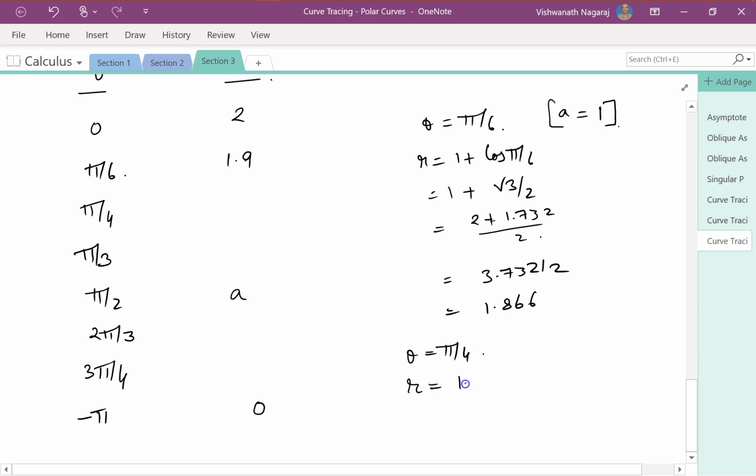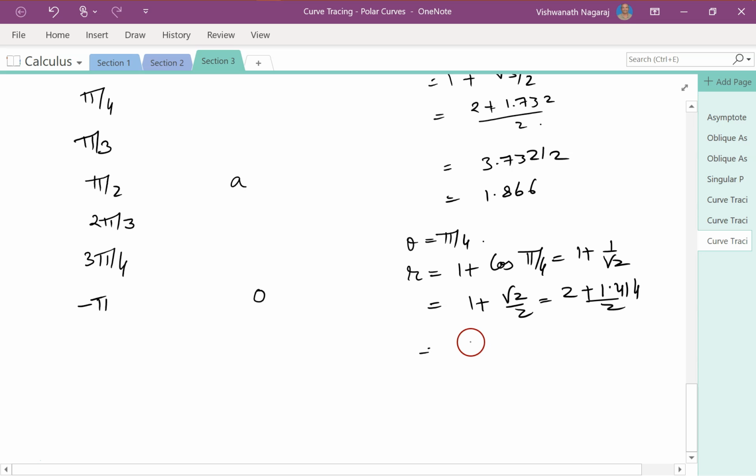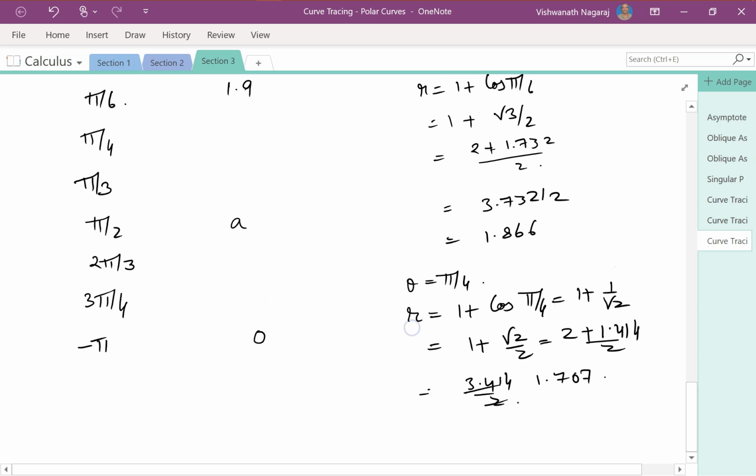So r is equal to 1 plus cos pi by 4, which is 1 plus 1 by root 2, 1 plus root 2 by 2, which is 2 plus 1.414 by 2, which gives us 3.414 by 2, so 1.7.